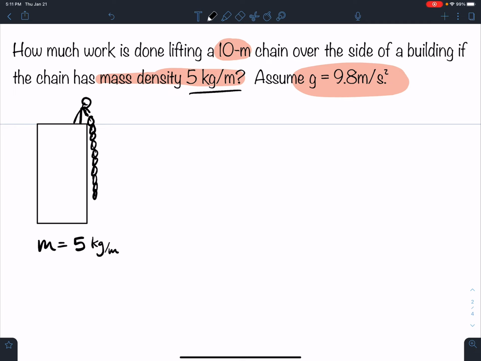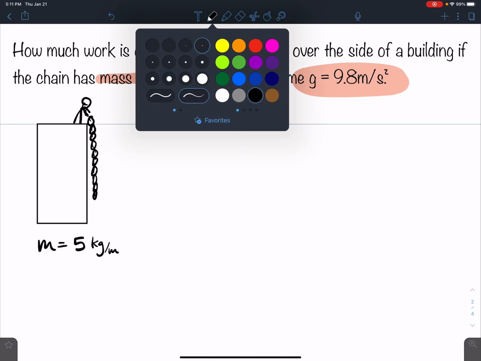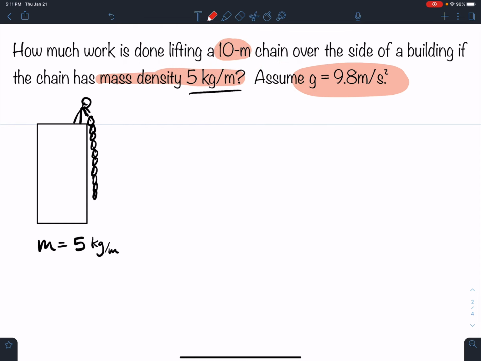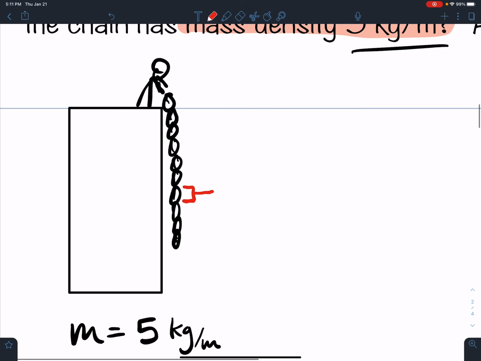What do we have going on here? How are we going to figure out this work? Well, I'm going to take an arbitrary piece of this chain, and I'm going to call it delta y, some delta y slice. It's a change in the y value, so y1 to y2, so it's changing as I'm pulling it up.